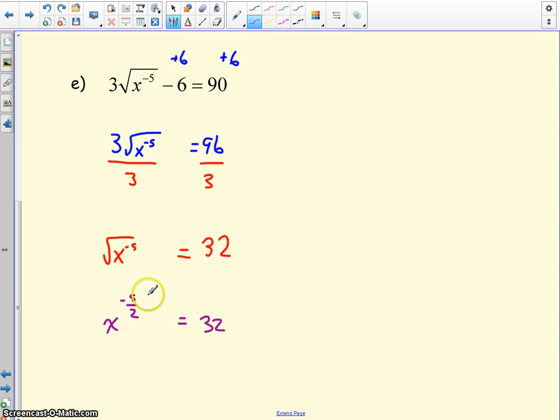Now think, if I want to put both sides of the equation to an exponent to get x by itself, I would need the reciprocal of negative 5 over 2. So the reciprocal of negative 5 over 2 is negative 2 over 5. So I'm going to take both sides to that exponent.